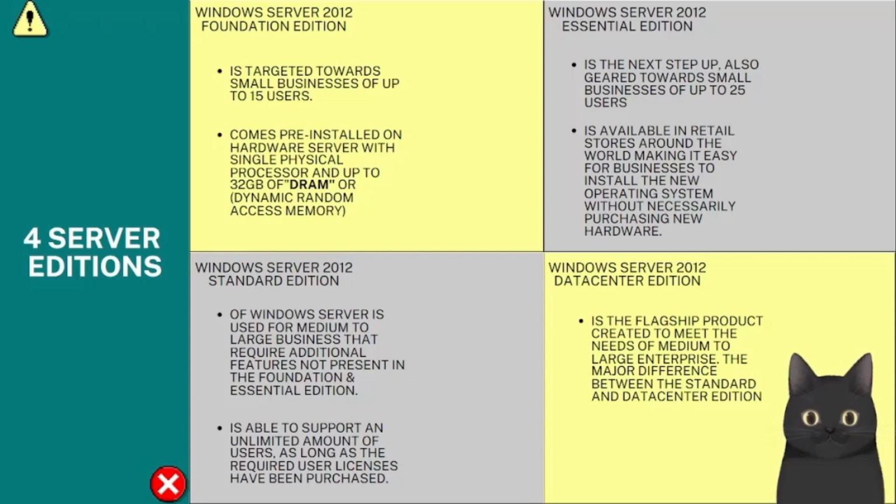Third is the Standard Edition. Windows Server Standard is used for medium to large businesses that require additional features not present in the Foundation and Essentials Editions. It is able to support a limited number of users as long as the required user licenses have been purchased.